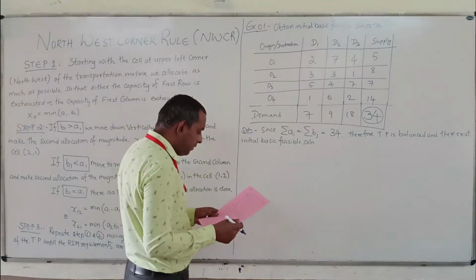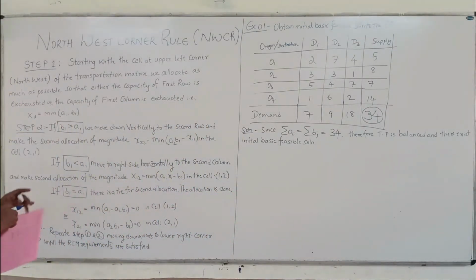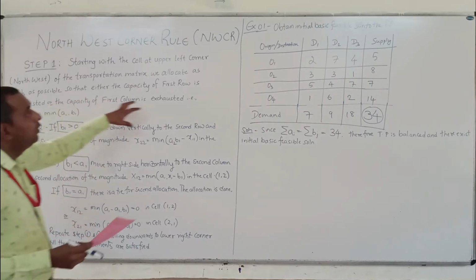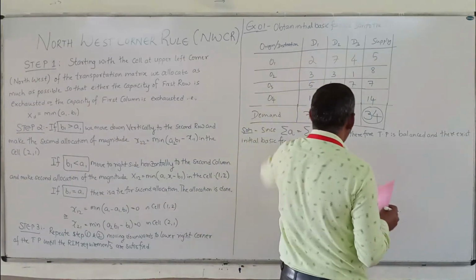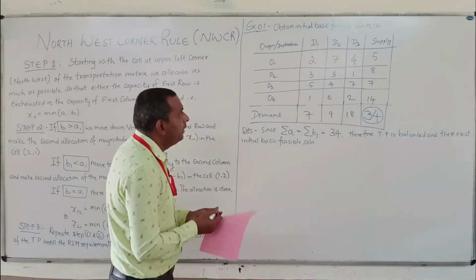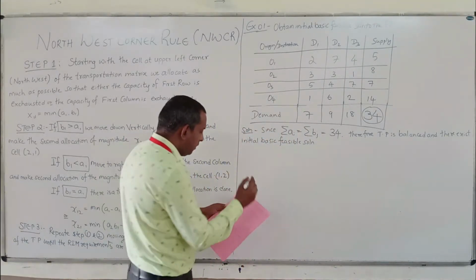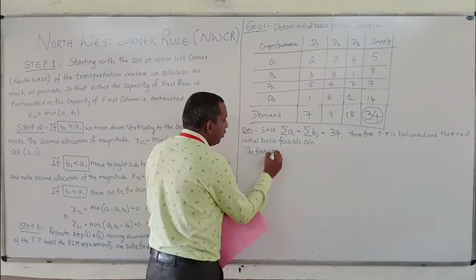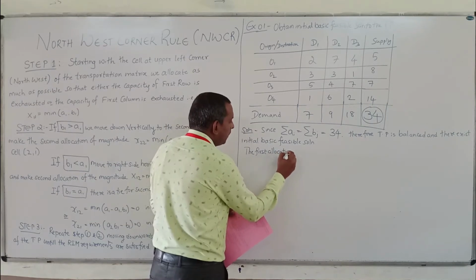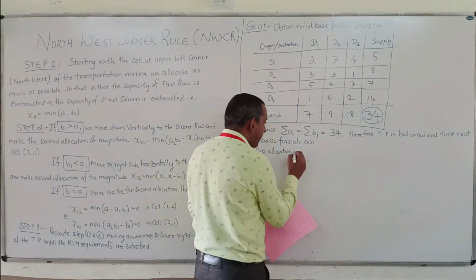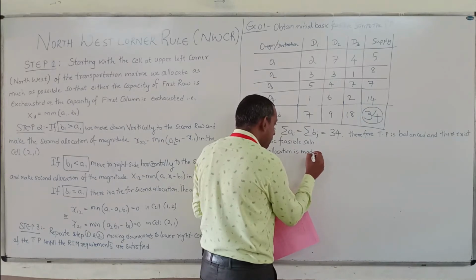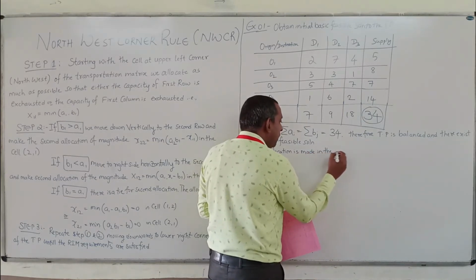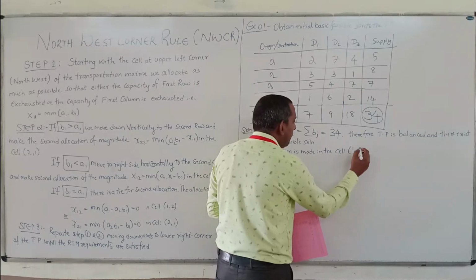So using step 1, what does step 1 say? Starting with the cell at the upper left corner. What is the upper left corner here? So this is the first cell. So let me draw the first allocation. The first allocation is made in cell (1,1).